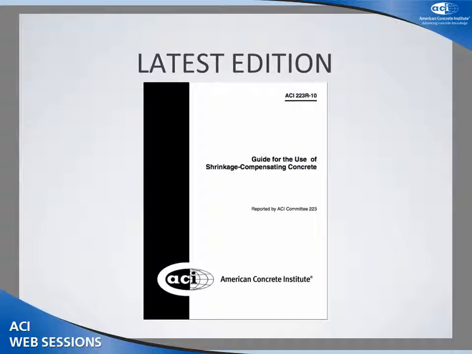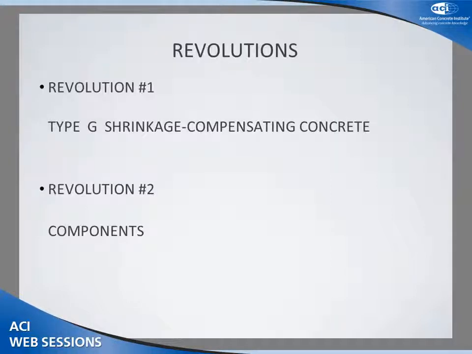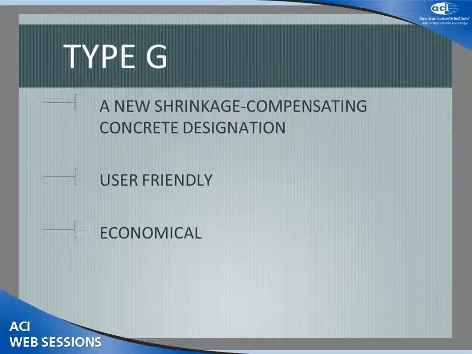Two new concepts were introduced into this 2010 ACI 223 that have really changed how shrinkage compensating concrete is manufactured. Of these two revolutions, one is the Type G shrinkage compensating concrete, and the second is components, or shrinkage compensating components, in conjunction with Type G.